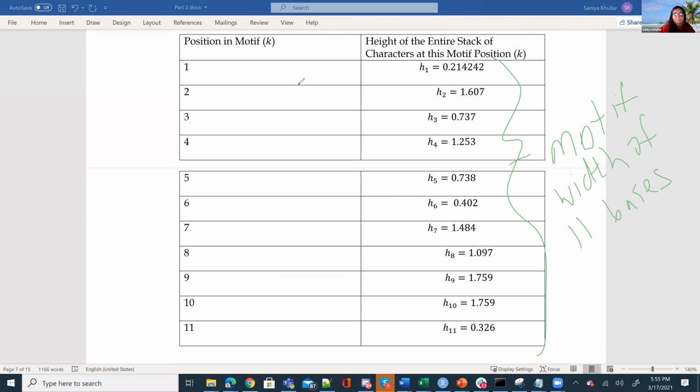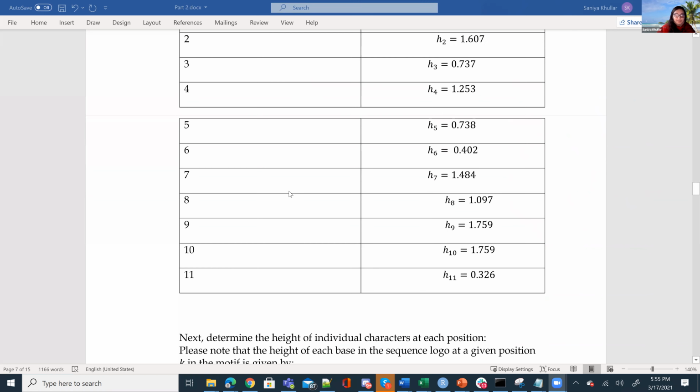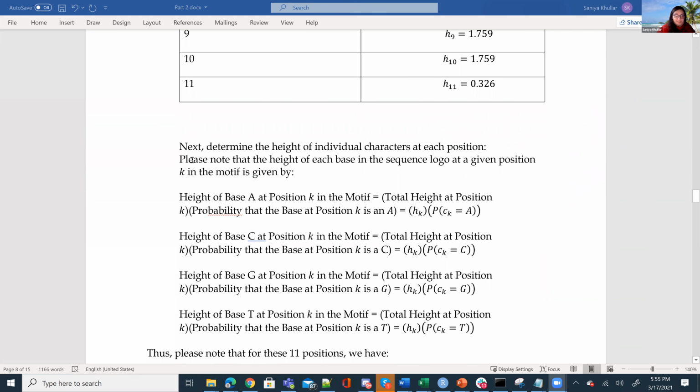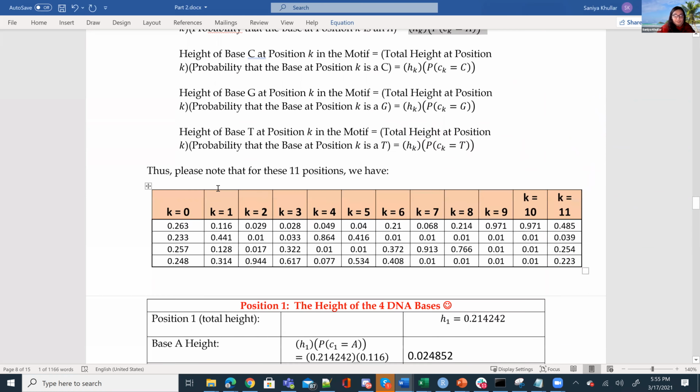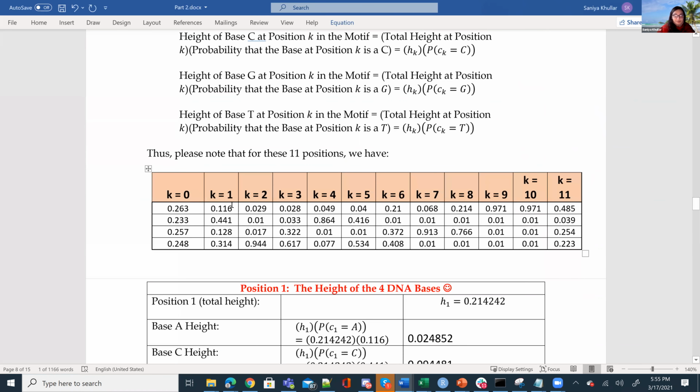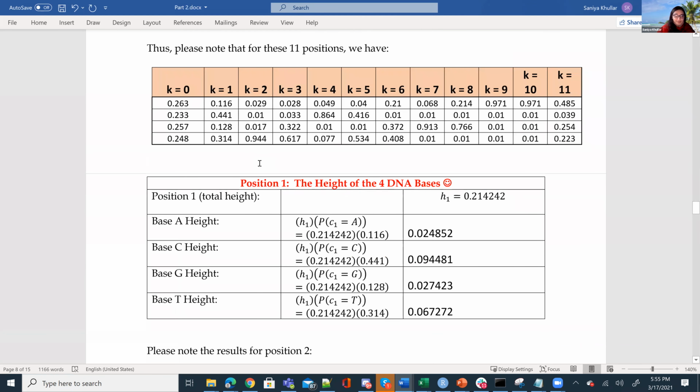Then we determine the height of individual characters in each position, and we get this part here. These are the breakdown of values that we have at each position.